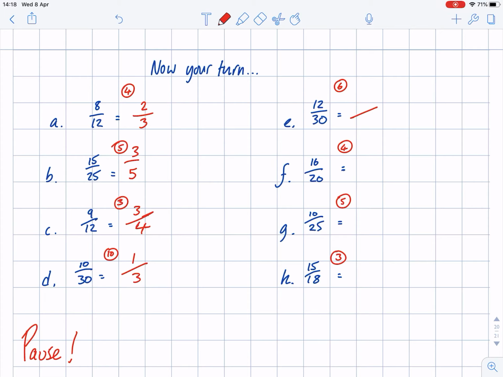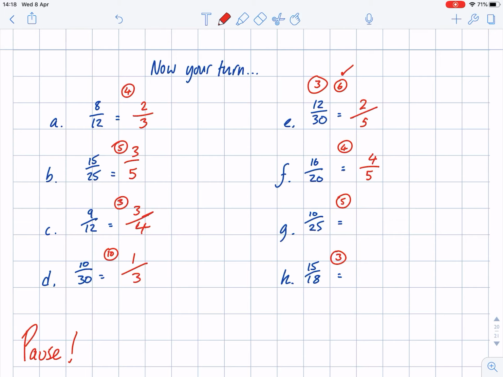Okay, the next one. So you might say to me, well, Spud, 3 goes into both of them as well. You're right, it does. But remember, we always want to find the largest number that goes into both of them. So that would be the 6. So that would be simplified into 2/5. The next one is 4/5.